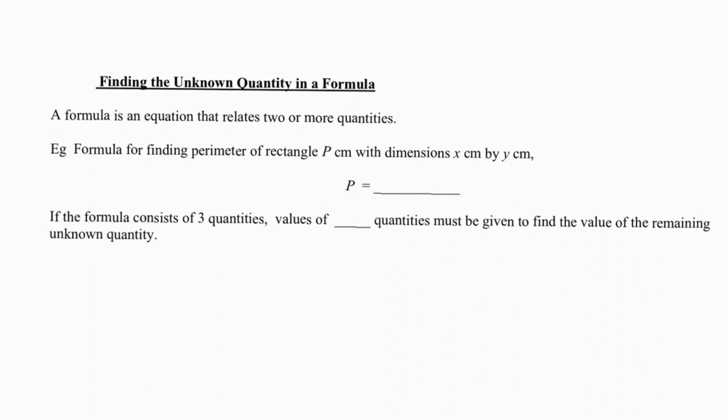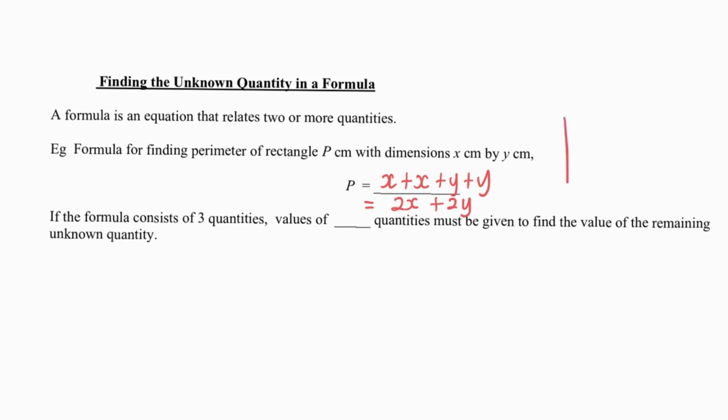So for example, a formula for finding the perimeter of a rectangle P cm with dimensions x cm by y cm would be P equals x plus x plus y plus y, and therefore this will equal 2x plus 2y.